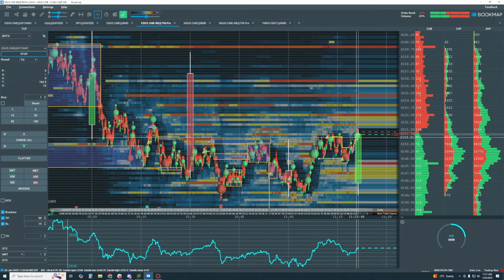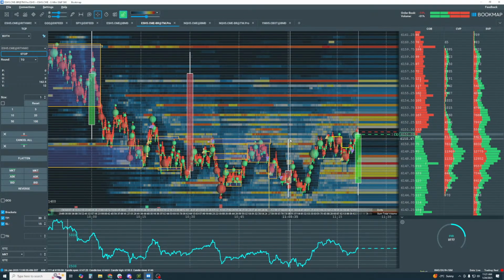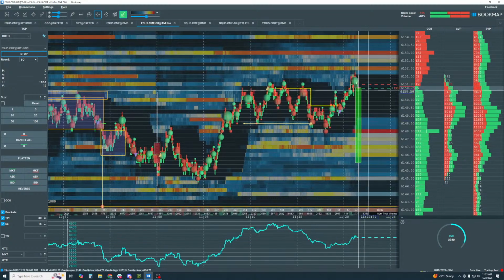Okay, that candle kind of came back to life in here, and now testing up above. Still not struggling though.